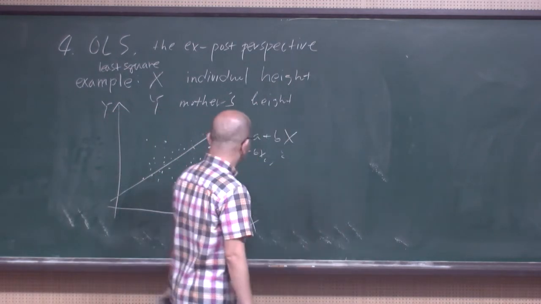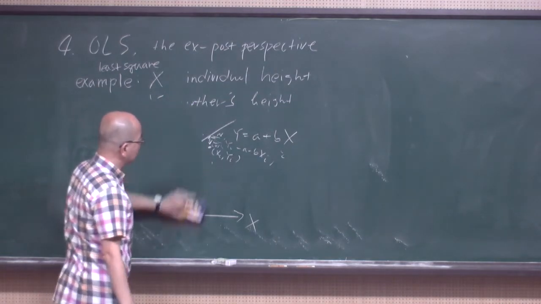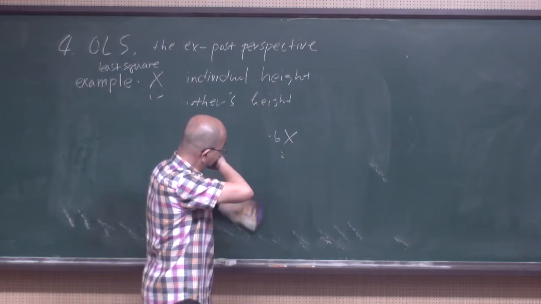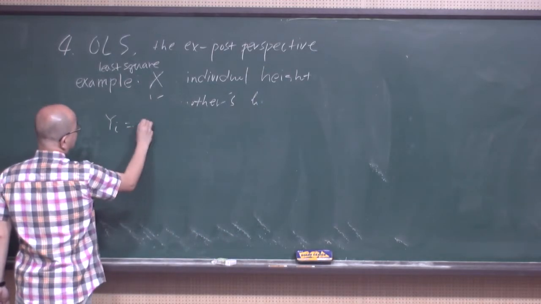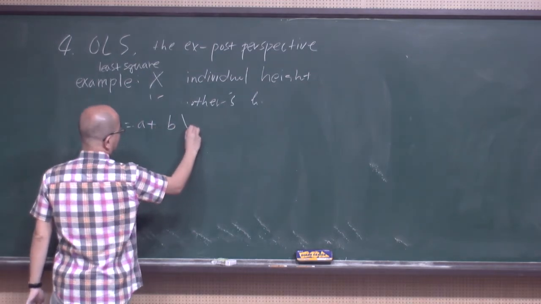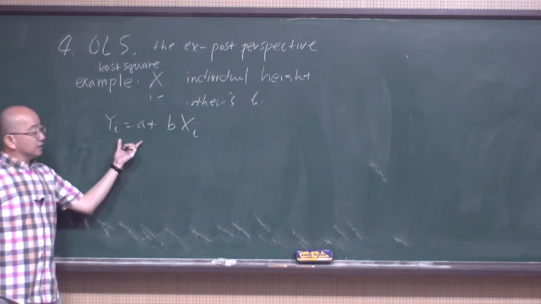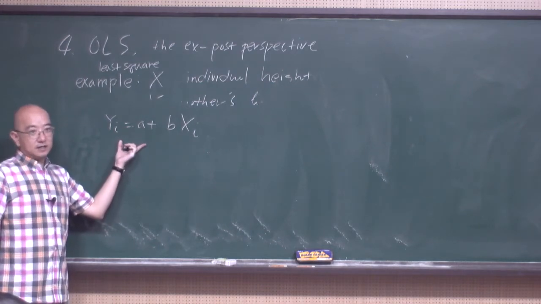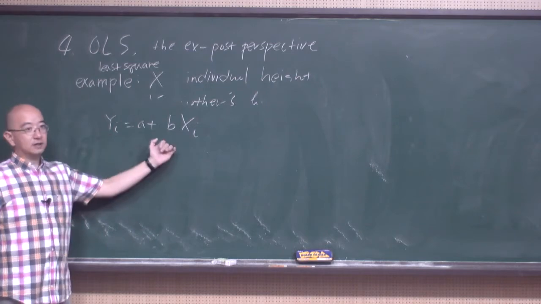And from here, only from an algebraic perspective, once you determine A and B, this equality is of course not satisfied, because what we did was we minimized the distance between this part and this part.